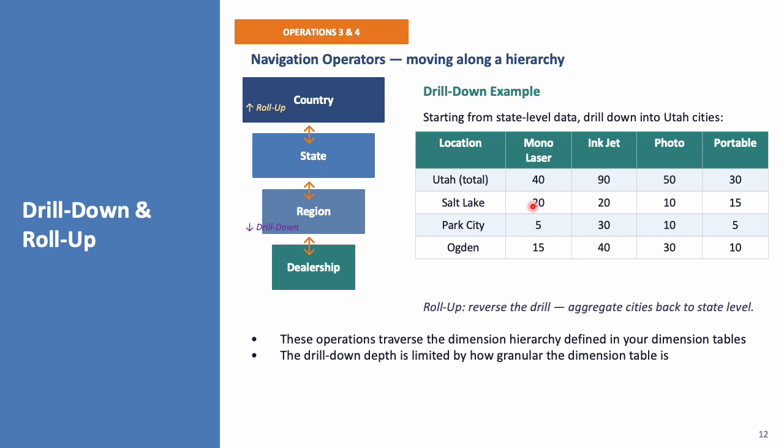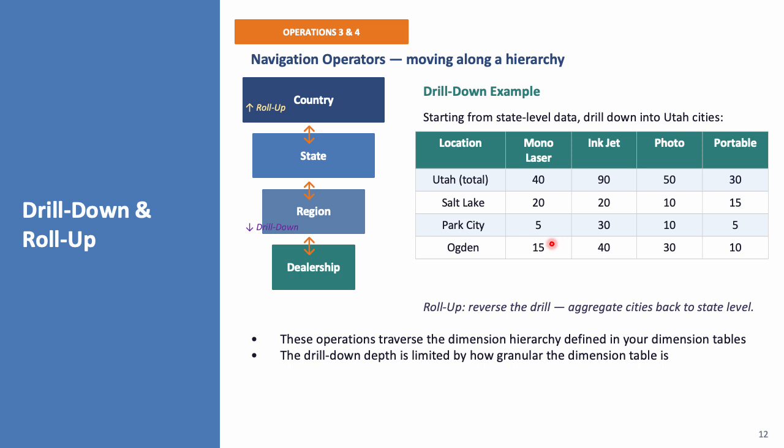Salt Lake City accounts for 20, Park City for 5, and Ogden for 15. These 3 numbers add up to 40. This confirms that the drill down has correctly disaggregated the state total into city level detail. There is more granularity when you drill down.